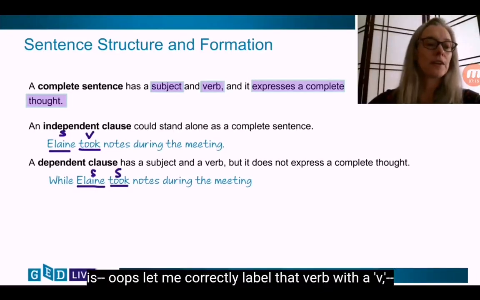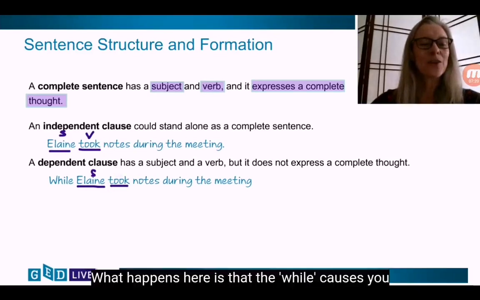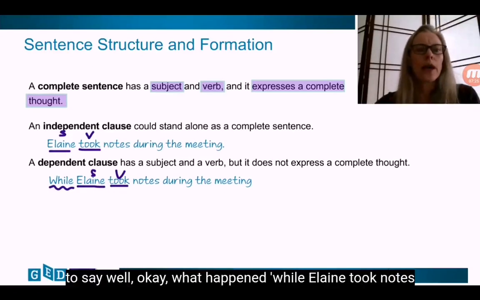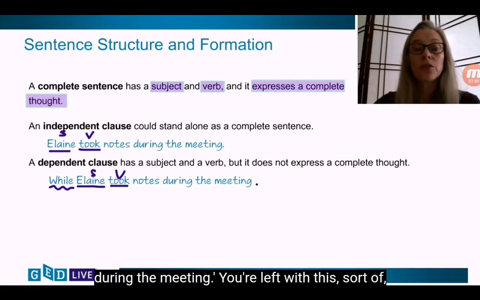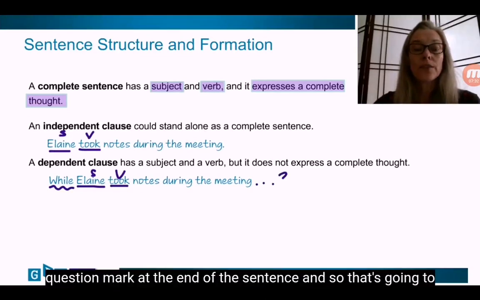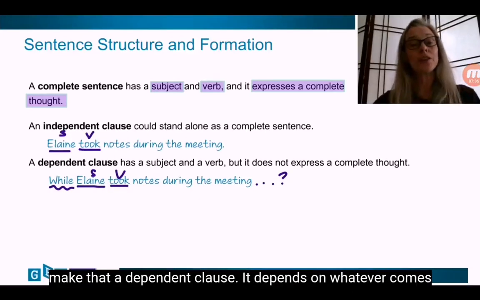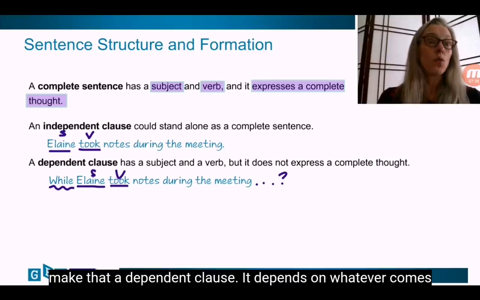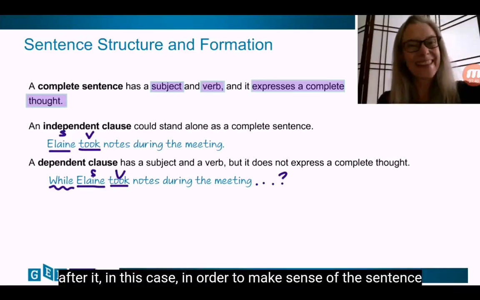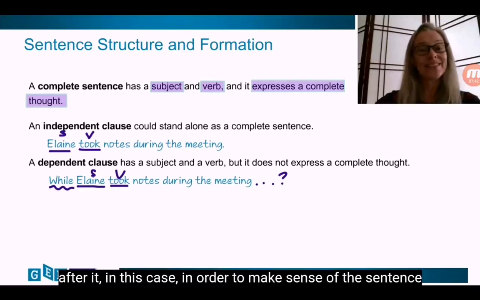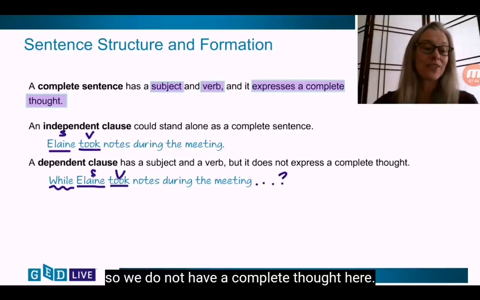Let me correctly label that verb with a V. What happens here is that the "while" causes you to say, well, okay, what happened while Elaine took notes during the meeting? You're left with this sort of question mark at the end of the sentence. And so that's going to make that a dependent clause. It depends on whatever comes after it, in this case, in order to make sense of the sentence. So we do not have a complete thought here.